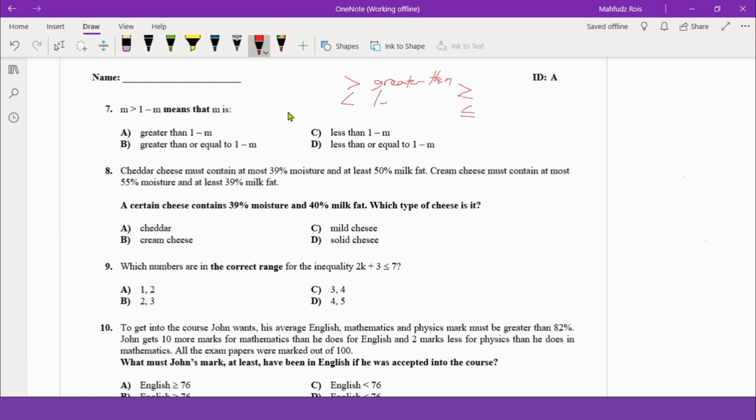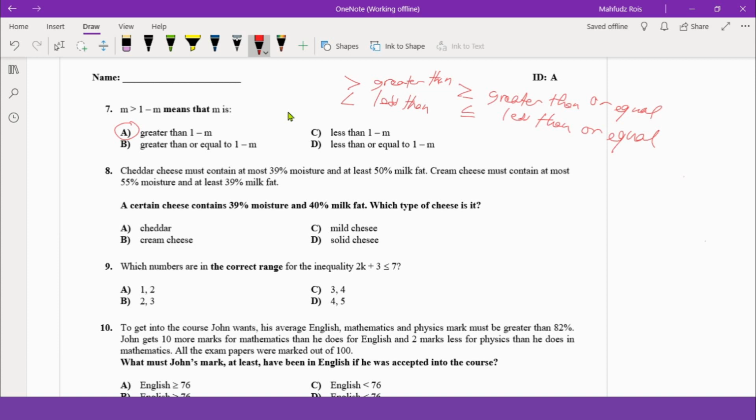Greater than. This one is less than. And this one is greater than or equal. And this one is less than or equal. So this one is clear, greater than.